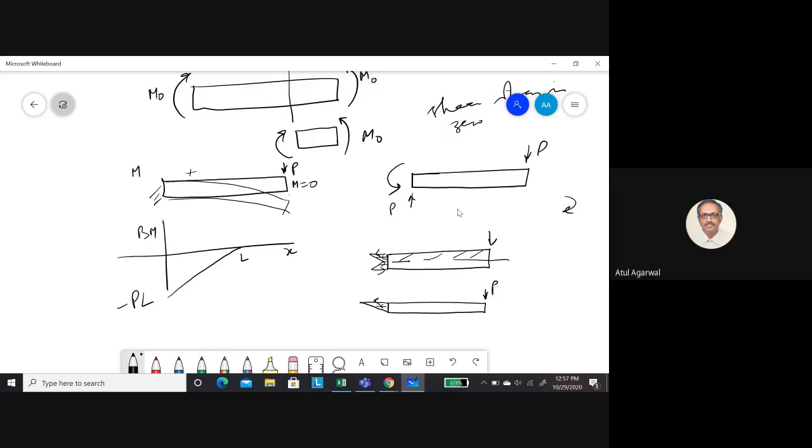Now you look at this. How can you balance these forces? What is the value of these forces? You see sigma xx is My by I. Your M is here minus PL. What is the maximum value of y here? H by 2. And you have got some I here. But this is bh cube by 12.